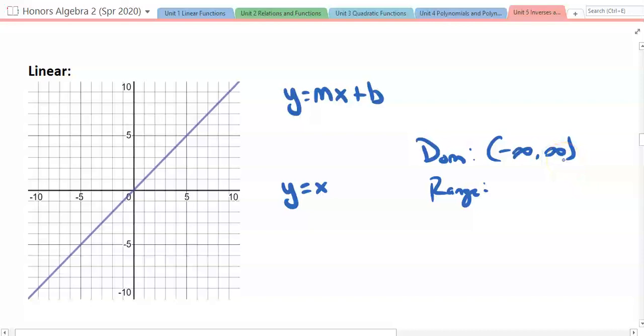And I'm using the interval notation here because what we're going to do next is going to be so much easier in interval notation than in any other notation. Now, what's the range? What y values does this graph cover? Again, it is all real numbers, so it is going from negative infinity to positive infinity. Okay?